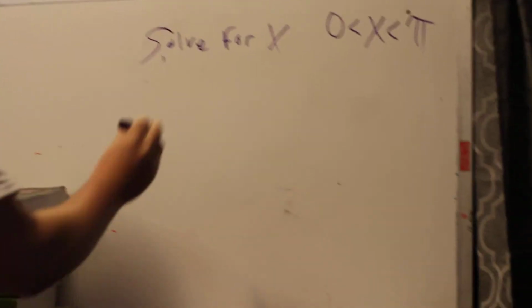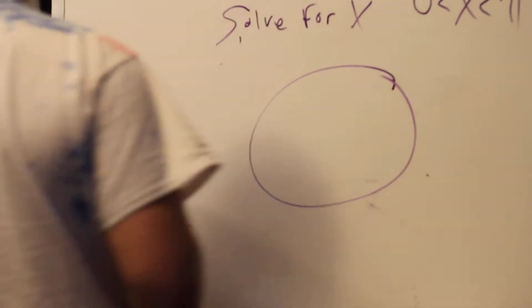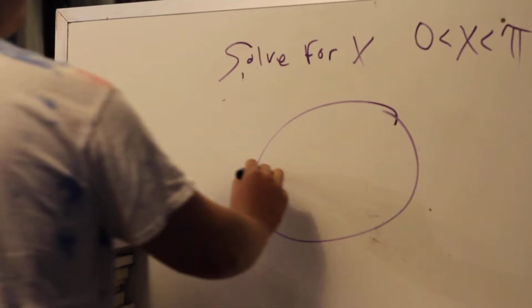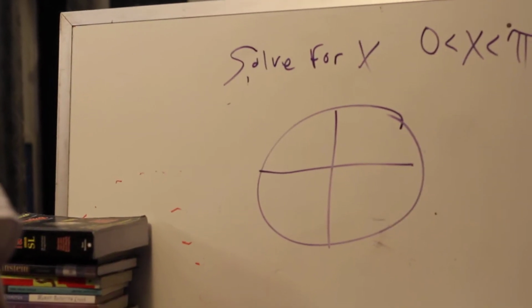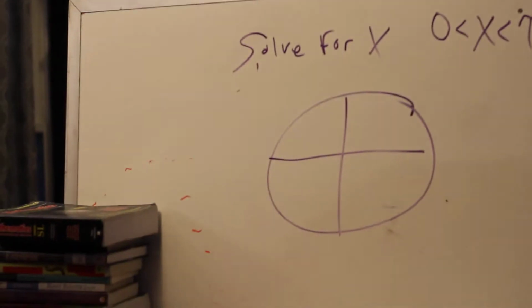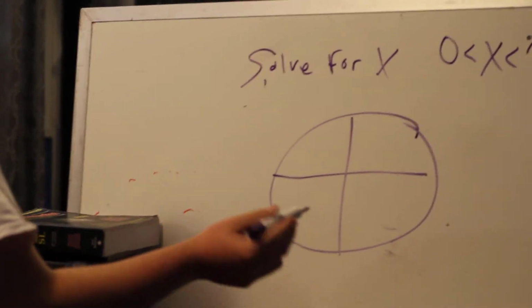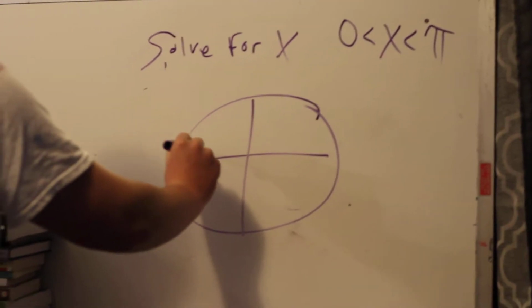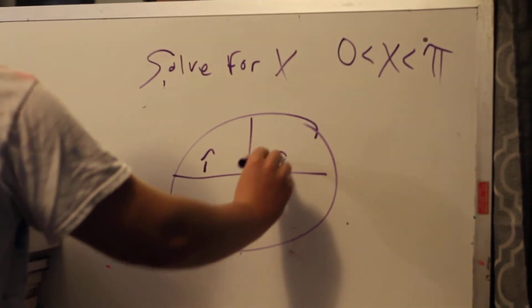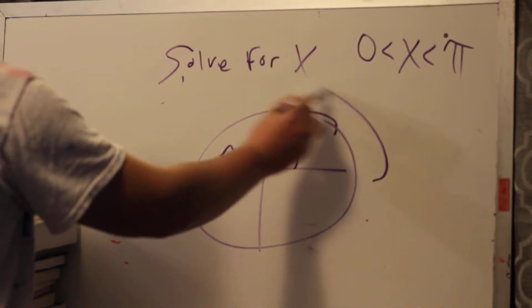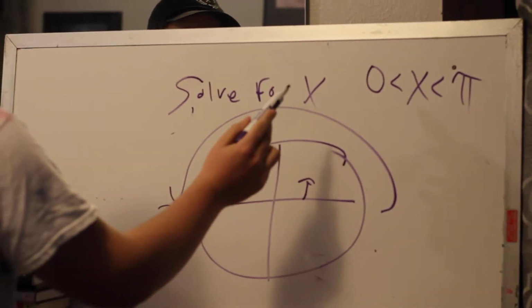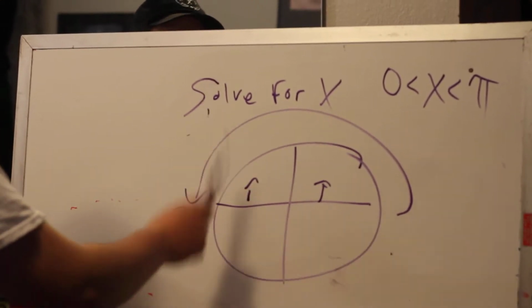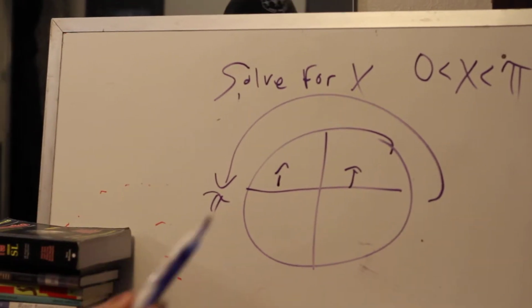Now, if we draw a unit circle, and sine of x is 1 over 2, we know that sine is the y, so it has to be here and up. But we also know that our domain goes to pi, so it has to be in either the first or the second quadrant, or maybe both.